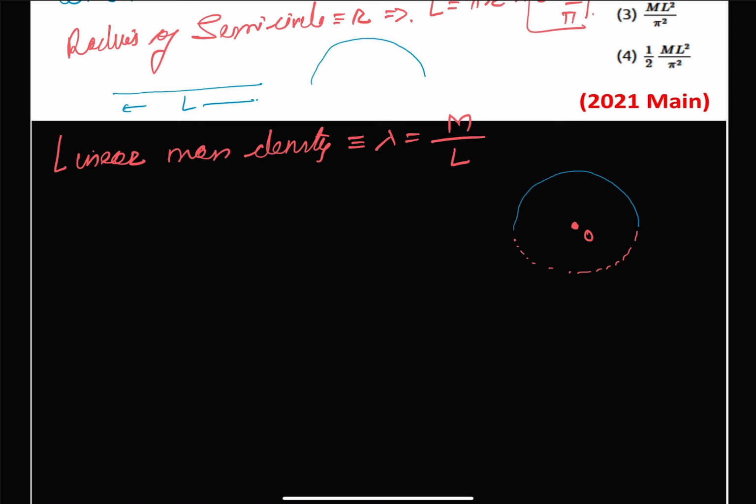Let us draw the axes. So this is our x-axis and y-axis, and this center O has coordinates 0, 0, 0.